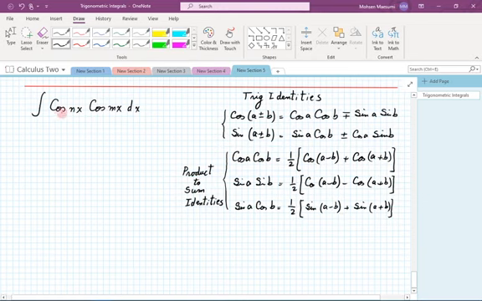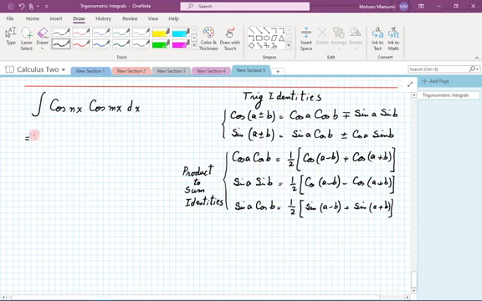So if I have a product of two cosines and I want to integrate this thing, one approach will be to apply this identity and then proceed. After you do this conversion, it's quite easy. Of course, there are other approaches available as well. Let's just go ahead and use this one.